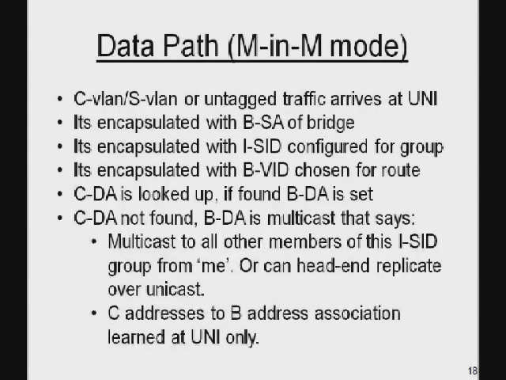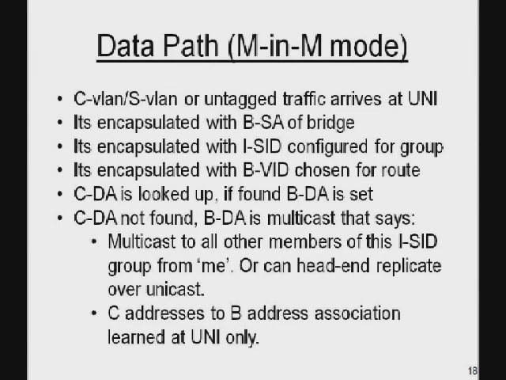So what does the data path look like? In the MAC-in-MAC mode, a packet arrives either tagged or untagged at a UNI. It's encapsulated with the MAC address, the source address of the bridge. It's then encapsulated with the service identifier that identifies the group that it is a member of. And then the VID that is used to route the packet through this network is chosen either automatically or based on some offline or user preference.